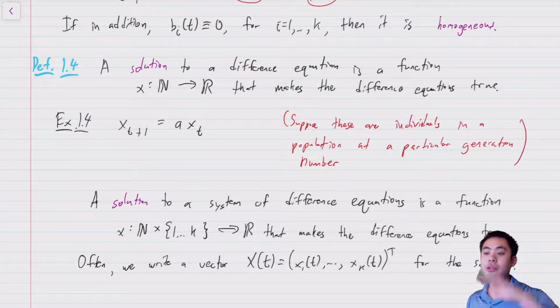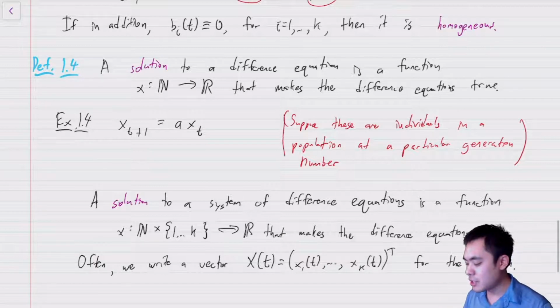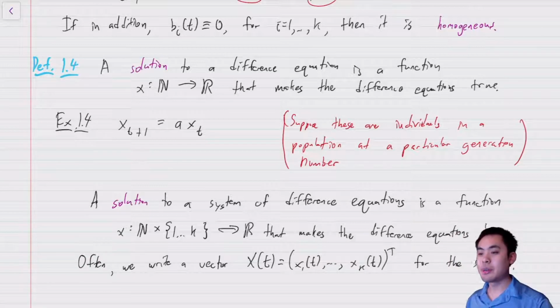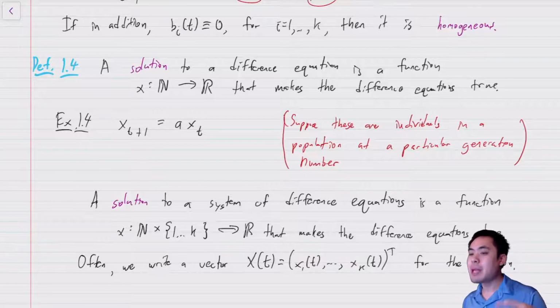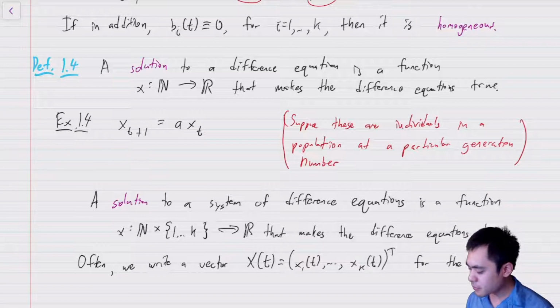For example, if you recall from our pre-lecture, our preface, where we talked about cicadas that have really discrete generations, maybe x sub naught is the initial generation of cicadas in the total number, and x sub 1 is the next generation, how many cicadas are in that one, and so on. And maybe they reproduce exponentially because the cicadas live in a land of plenty, and there are plenty of resources around, so they don't have to worry about any sort of carrying capacity or other fancy stuff like that.